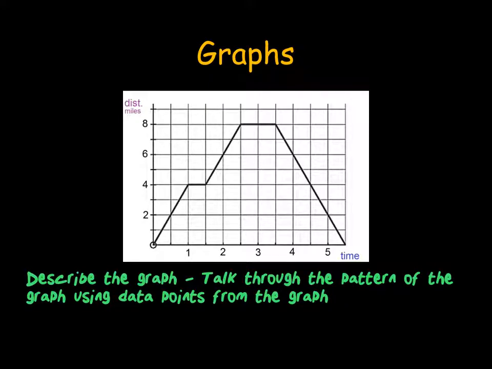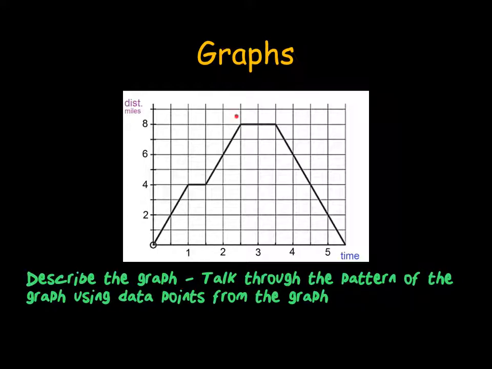So for this graph here, which is for distance versus time, if we were to describe it, then initially between 0 and 1 seconds, the distance increases rapidly. It then stays the same for half a second before increasing at the same speed as before up until 2.5 seconds.